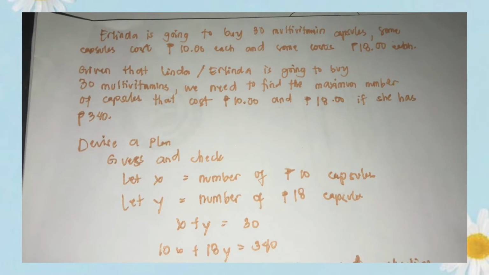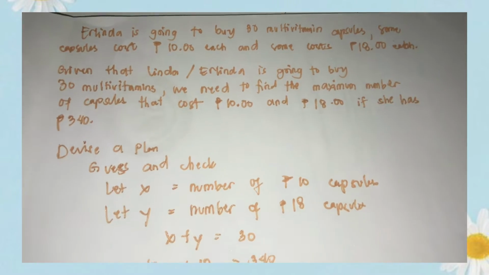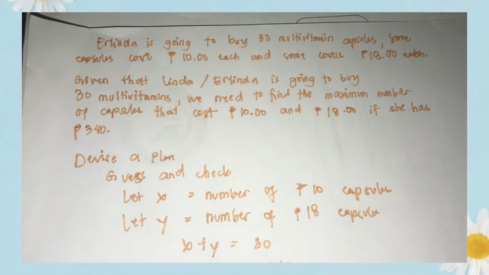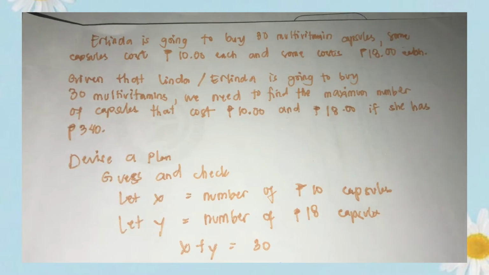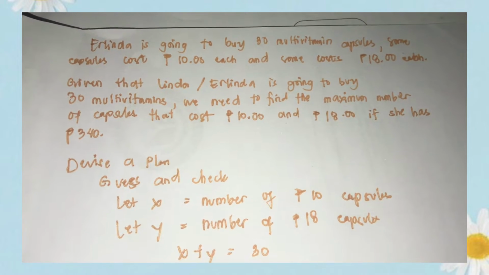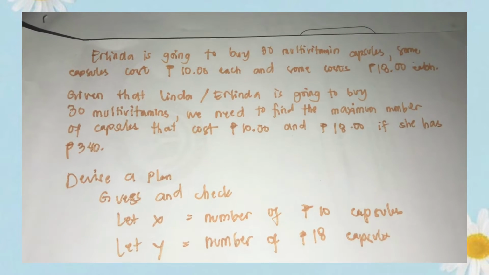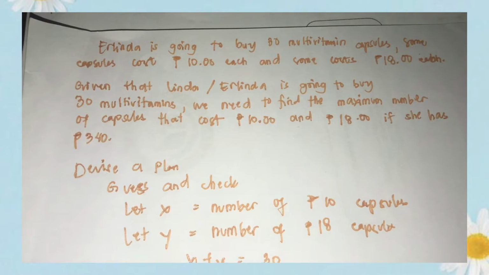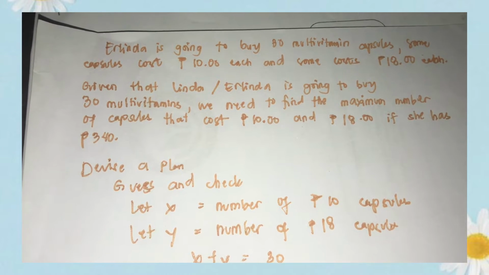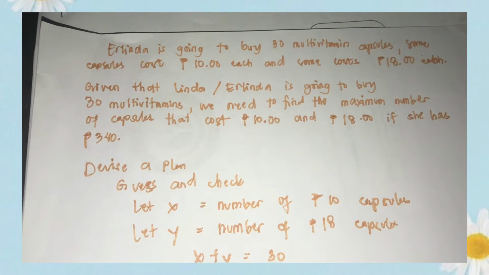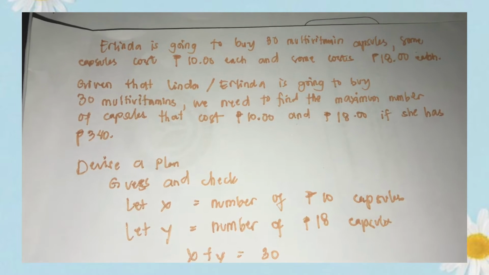So, the first step towards solving this problem is to analyze the problem first. Now, it says that Erlinda is going to buy 30 multivitamin capsules. Each of these capsules costs 10 pesos and some also cost 18 pesos each.